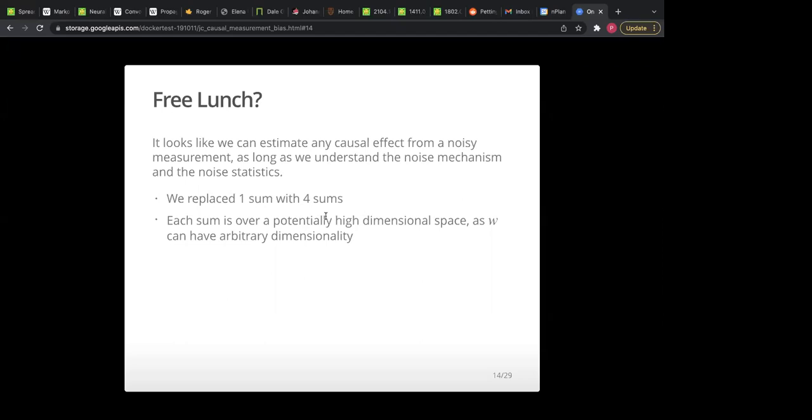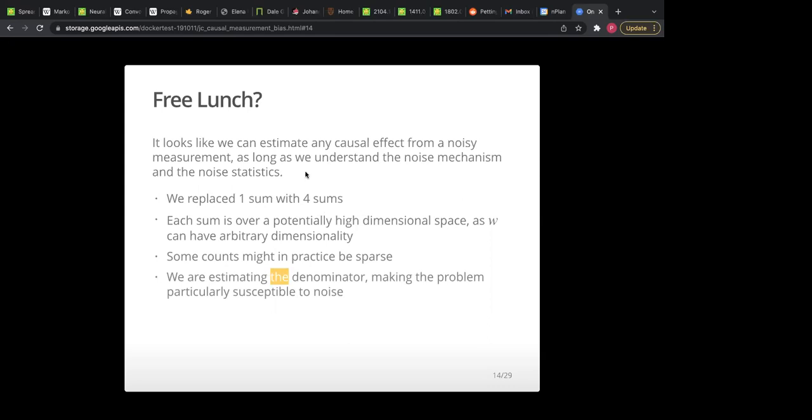That increases your problems even more. So sparse counts, and another point: we are estimating the denominator, and noise in the denominator is even worse, because noise on a very small number could really screw things up. So you would need a lot more data in order to still have a sensible estimate. So that was a question.